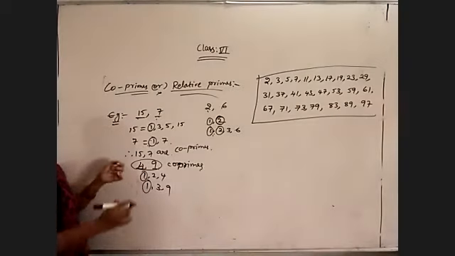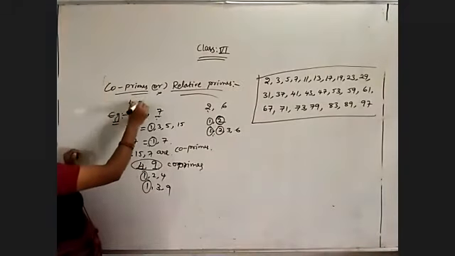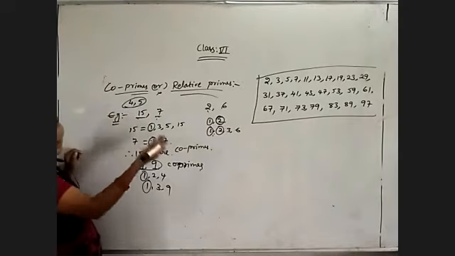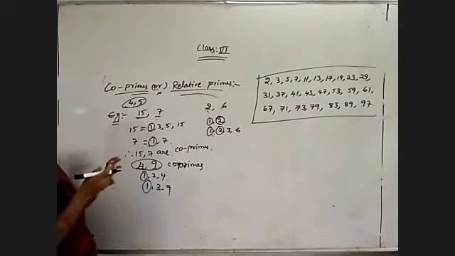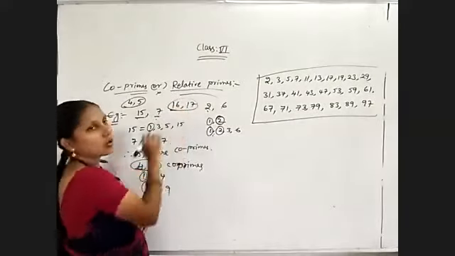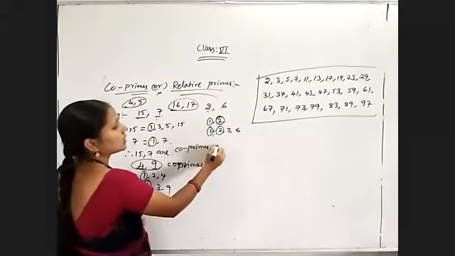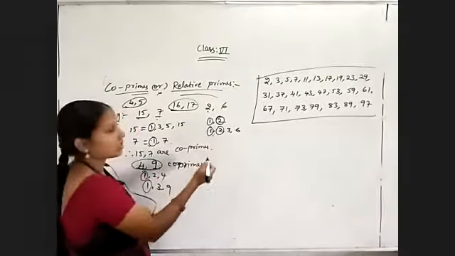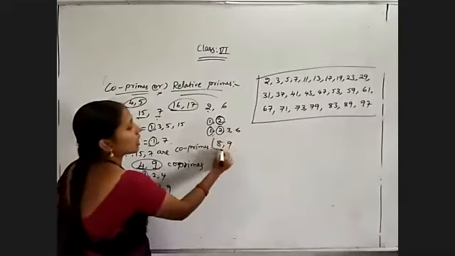Okay. Successive numbers, that means 4, 5 and 6: 4 and 5 are co-primes. All consecutive numbers are co-primes. 16 and 17, if I give, these two are also co-primes. And suppose I take two consecutive numbers, 8 and 9, both are composite numbers.